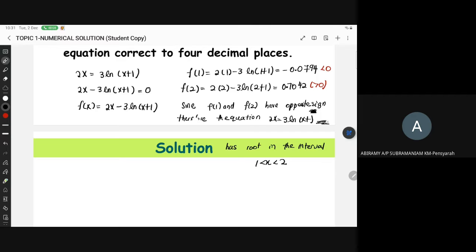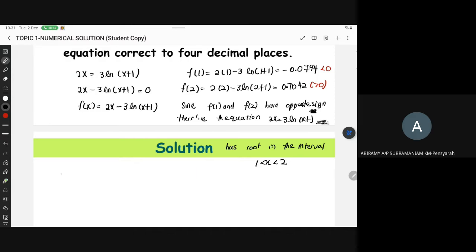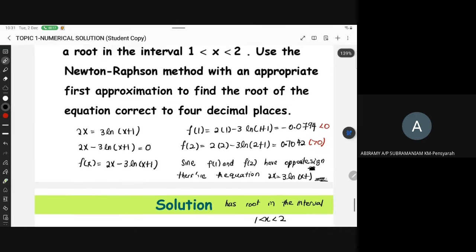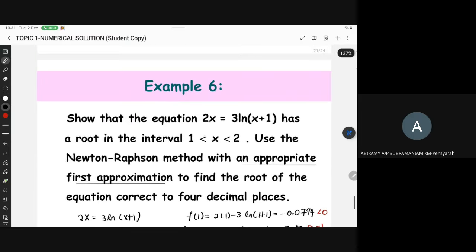Okay, next we need to find the root by using Newton-Raphson. For Newton-Raphson, we need an initial value. The initial value is not given in the question. They ask us to find using an appropriate first approximation, which will be in the interval 1 until 2.